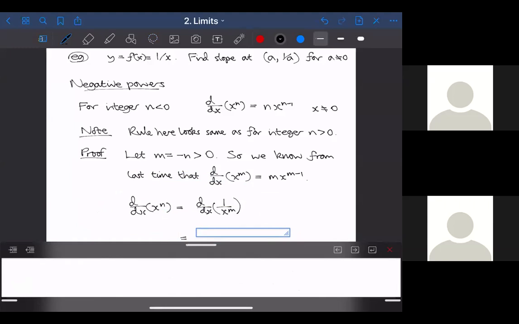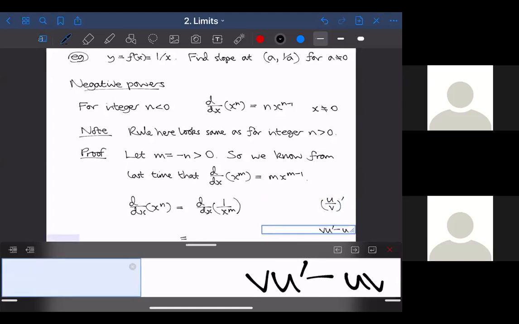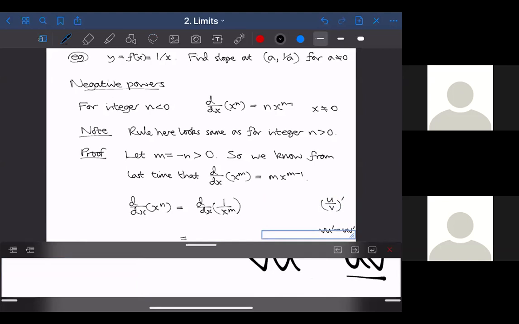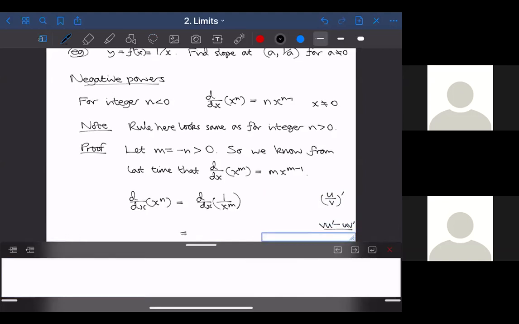So how does the quotient rule go? Remember, u over v prime, the derivative, is vu prime minus uv prime over v squared. So what does that give us?